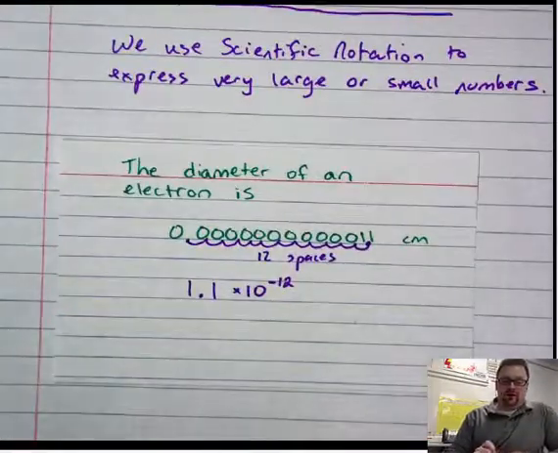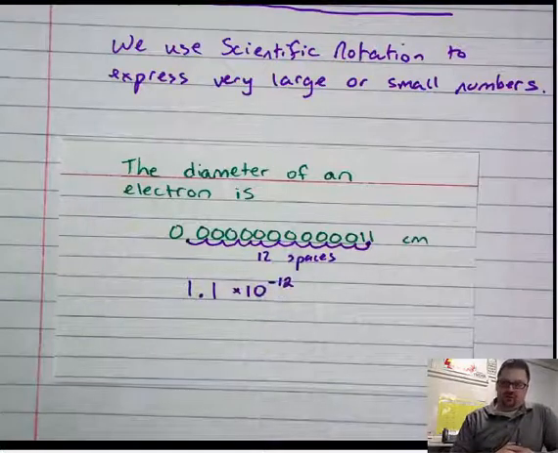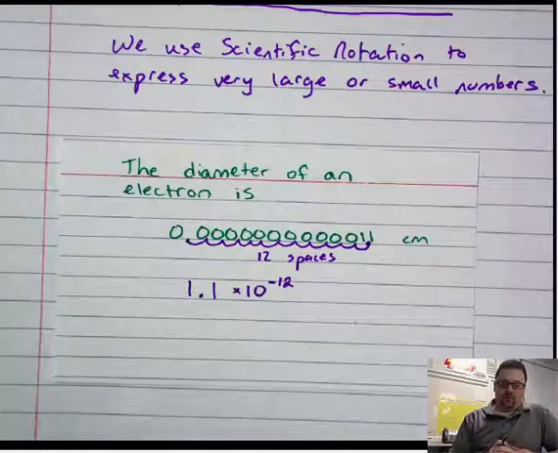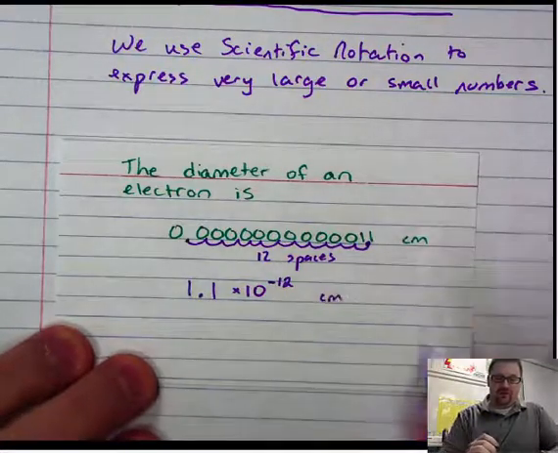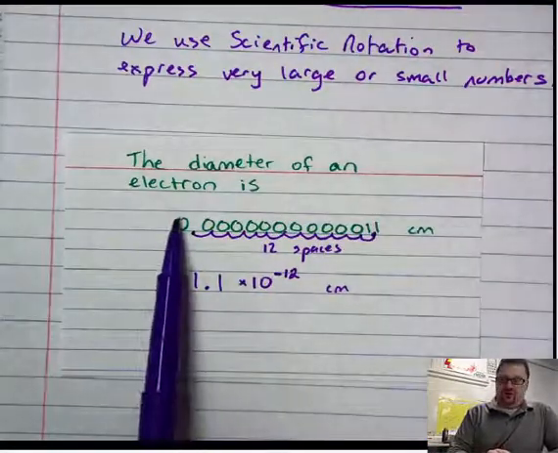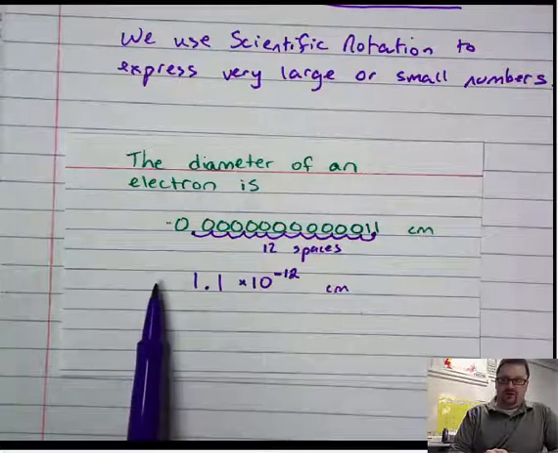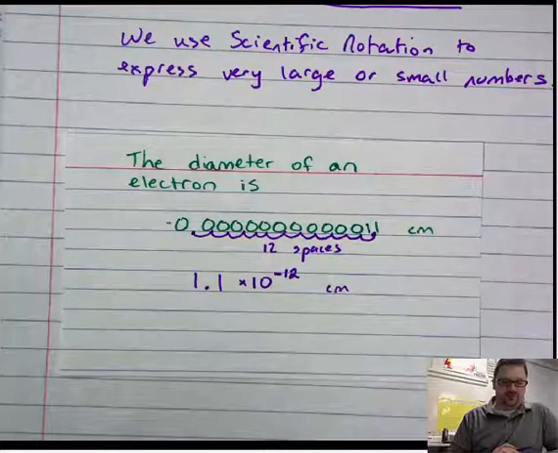So my number here for the diameter of an electron is 1.1 times 10 to the negative 12th centimeters. This is called standard form. This is called scientific notation.